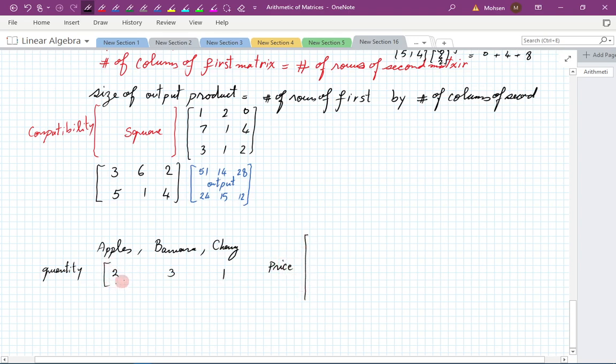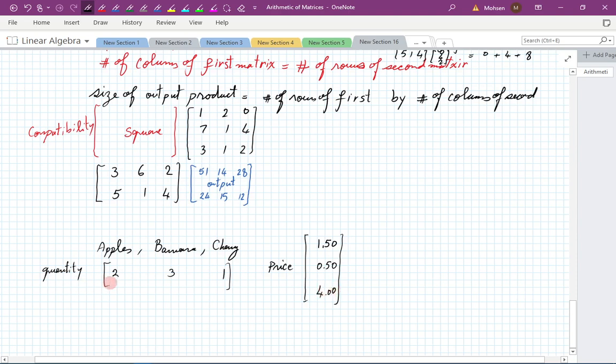And then you have another one, which is the price. So price, write it like this, just to see. So suppose the apples are $1.50 a pound, and the bananas are say 50 cents a pound, and the cherries, well, that's expensive, so $4 a pound.